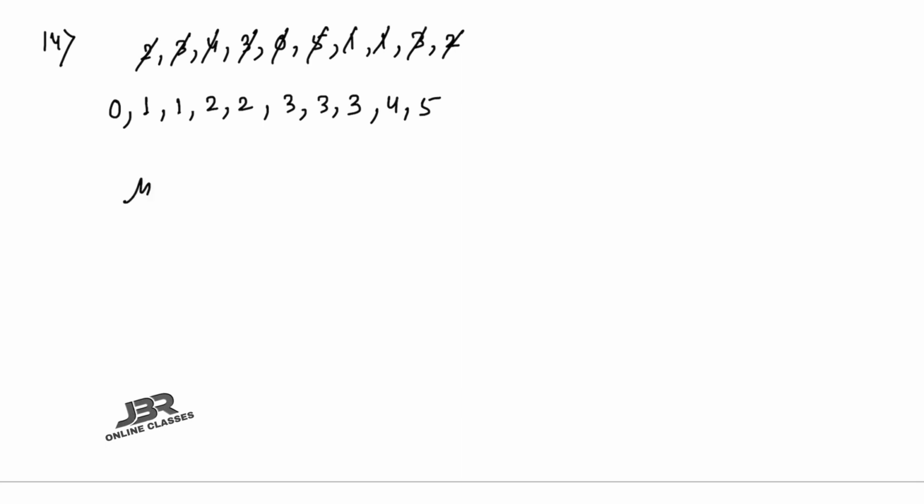So now the median will be: observation number 1, 2, 3, 4, 5, 6, 7, 8, 9, 10. That means an even number. So for an even number the formula will be first the 10 by 2th observation, plus the 10 by 2 plus 1th observation, then divided by 2.